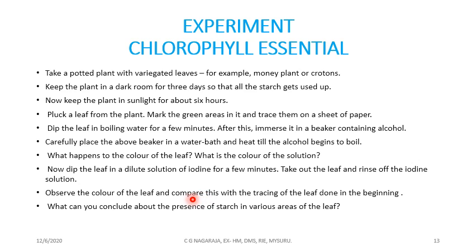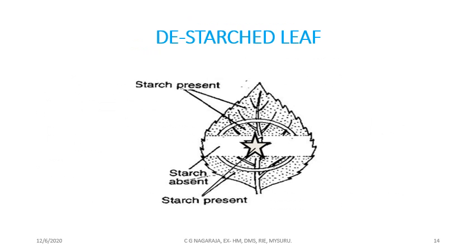Starch is the complex form of glucose. Many glucose molecules join to form starch. Therefore, the presence of starch indicates glucose has been formed in the leaf. And this is an experiment you must be able to explain for your examination.